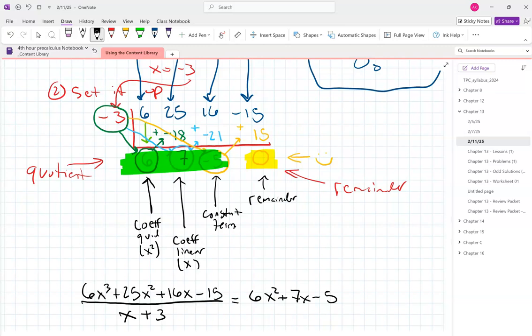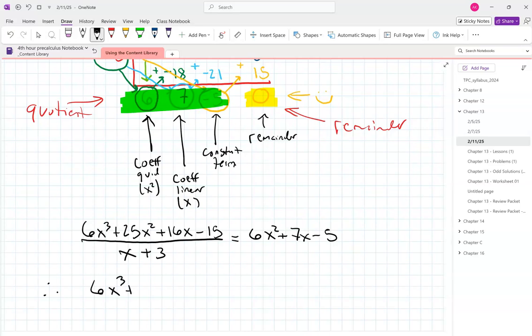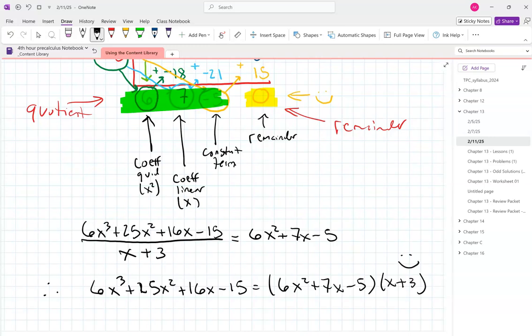Right? And since the remainder is 0, if I multiply both sides by x plus 3, what I'm left with is a partial factorization of that polynomial.